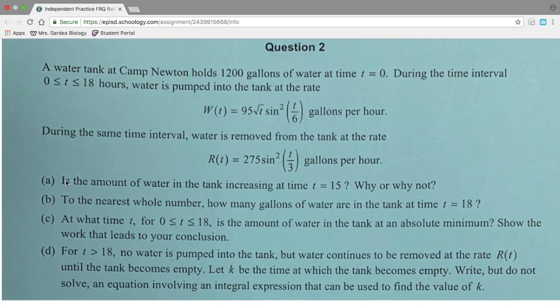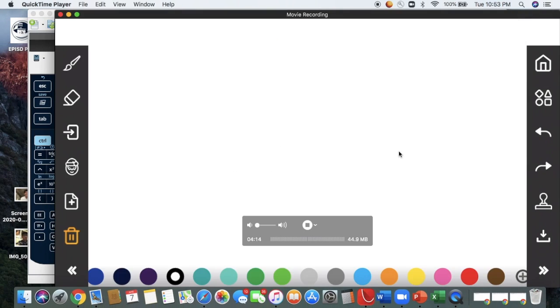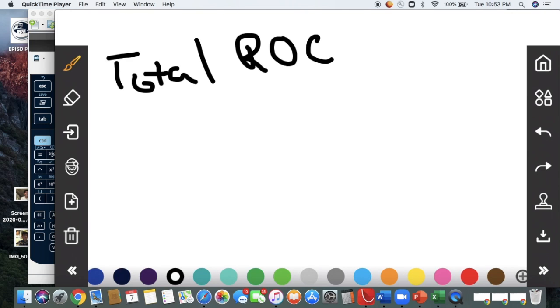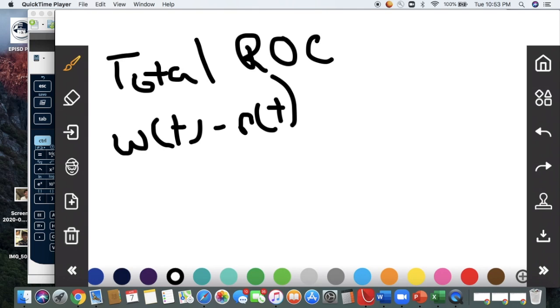So the first question they ask you is, is the amount of water in the tank increasing at time t equals 15, why or why not? So what you want to do is see what they're asking you, and they're looking for a rate of change. So that would be the total rate of change, shortened to ROC for rate of change, which will be W of t, your rate in, minus R of t, your rate out, right?